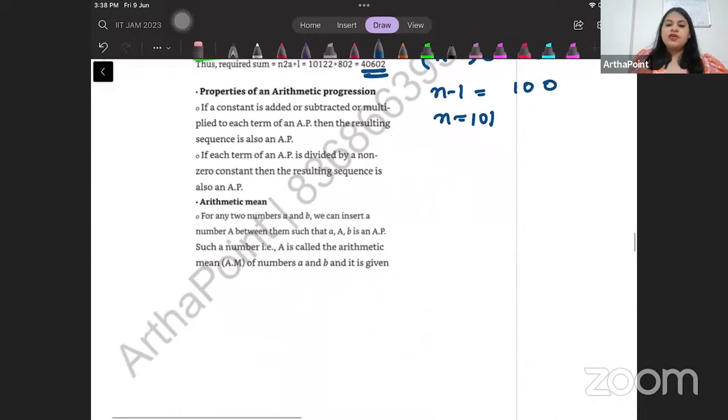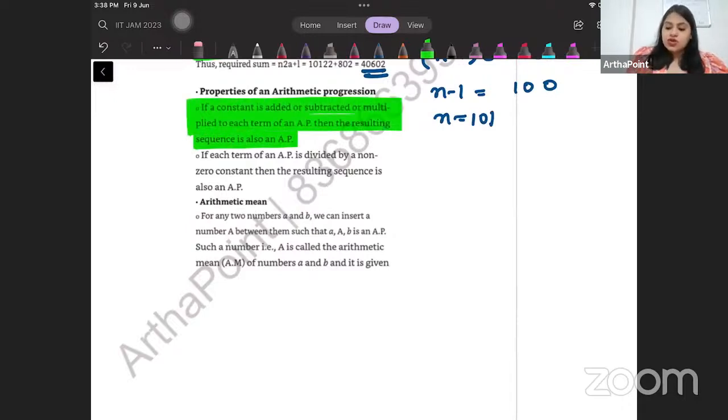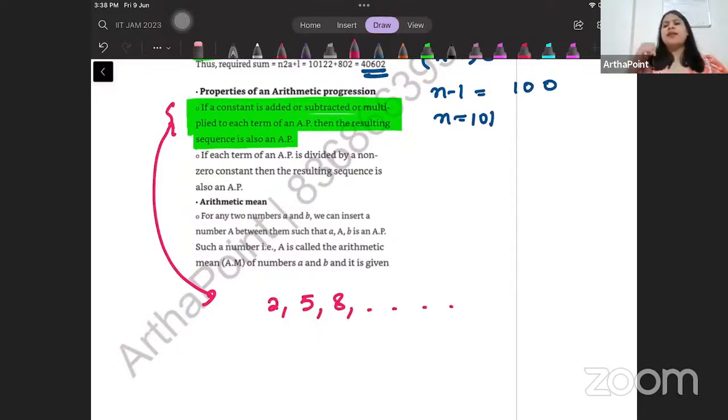Let us go to the properties of AP. If a constant is added or subtracted or multiplied to each term of AP, then the resulting sequence is also an AP, of course. So if I start with an AP, my AP is 2, 5, so gap of 3, 8 and so on. And I multiply the entire AP by, let's say, 3.